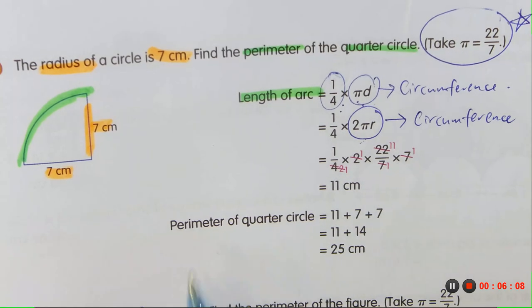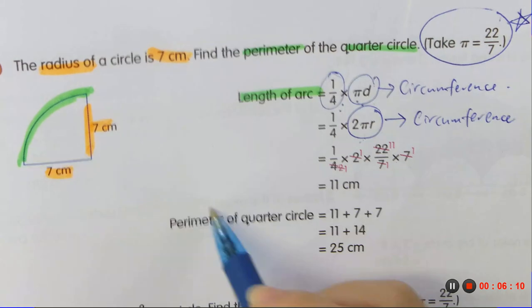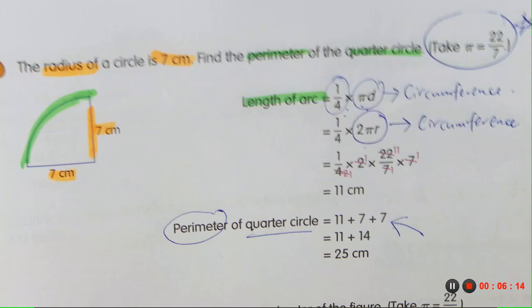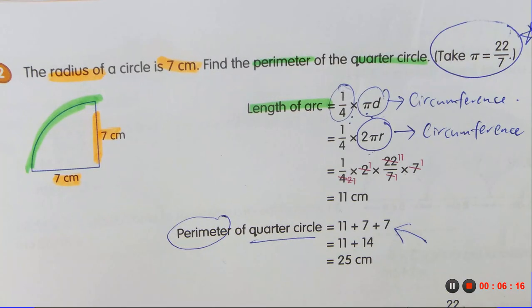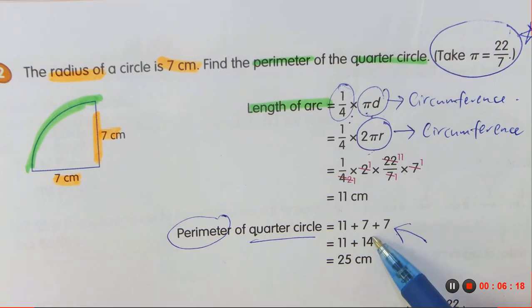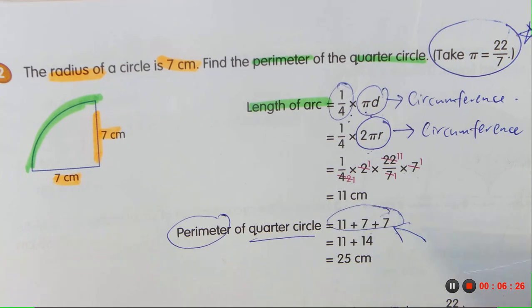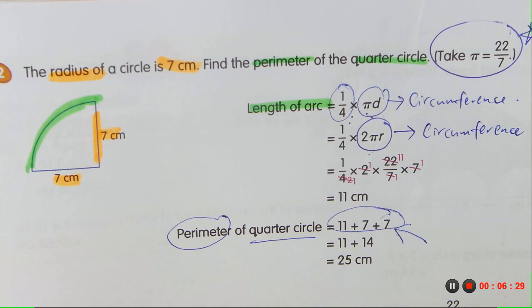Finally, at the last step, what is happening here? Perimeter of the quarter circle. What is this step now? Summer? What is this step about? Find the perimeter. So how?